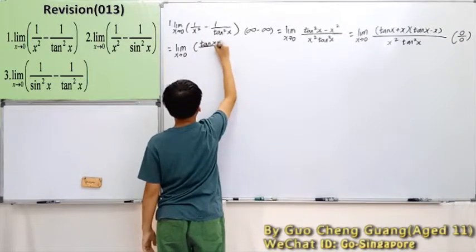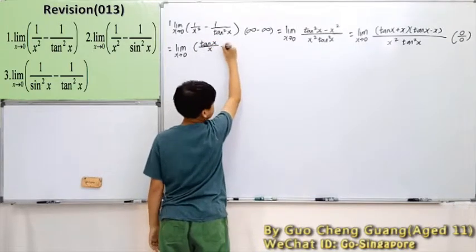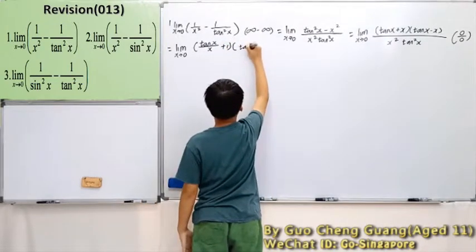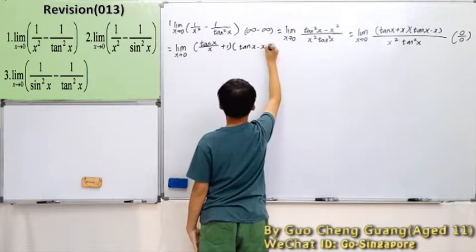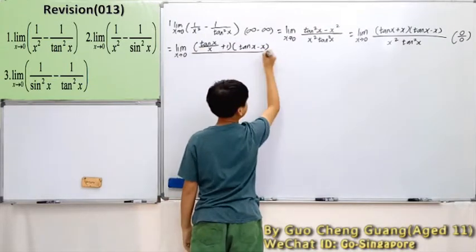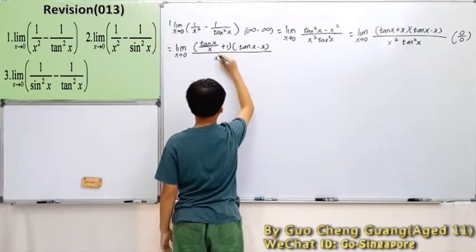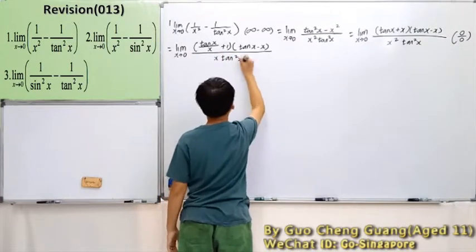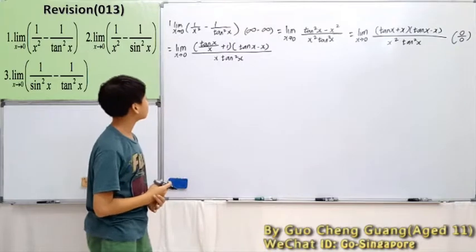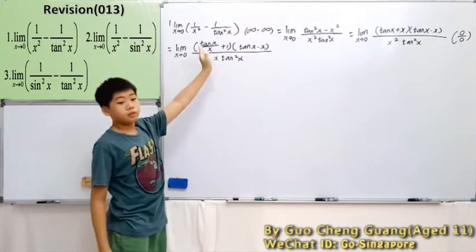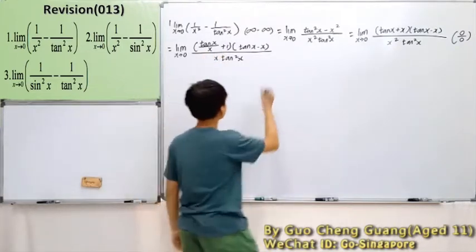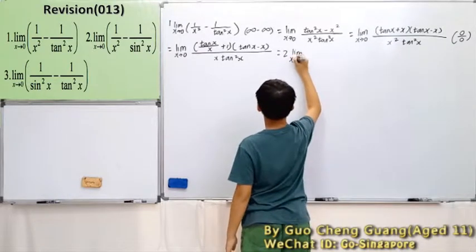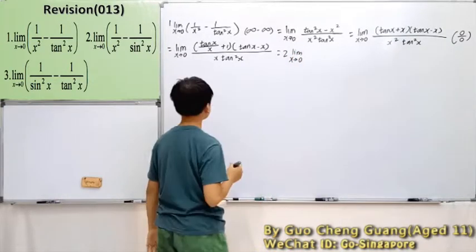So in the first bracket, tangent x over x, then plus 1. Then behind, we can also let it be the same first. So this square we don't have. This part, we can already find that it's a 2. Then the limit as x approaches 0.